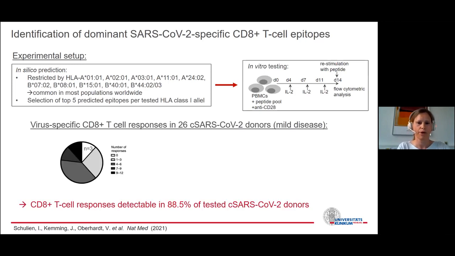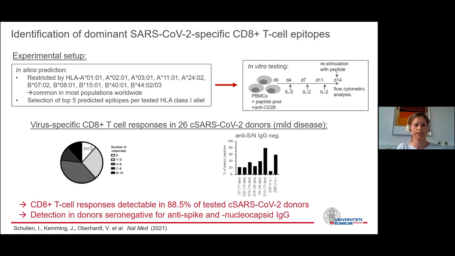By doing this analysis in a cohort of 26 convalescent SARS-CoV-2 donors that had recovered from mild disease, we could detect responses in roughly 88% of the tested donors. We even could detect CD8 T cell responses in donors that were seronegative for anti-spike or nucleocapsid IgG.